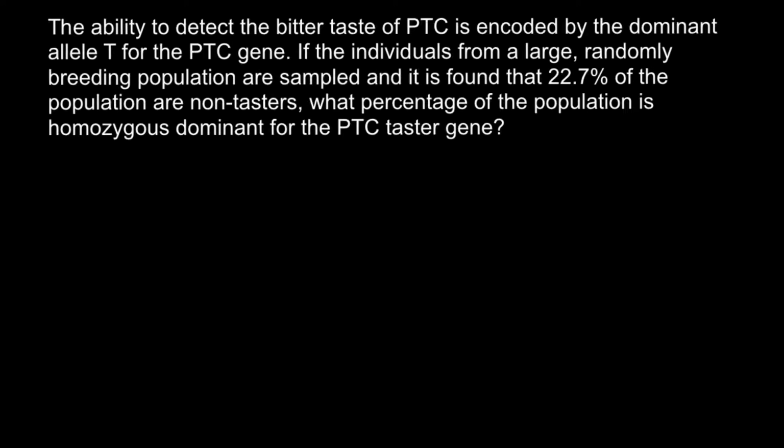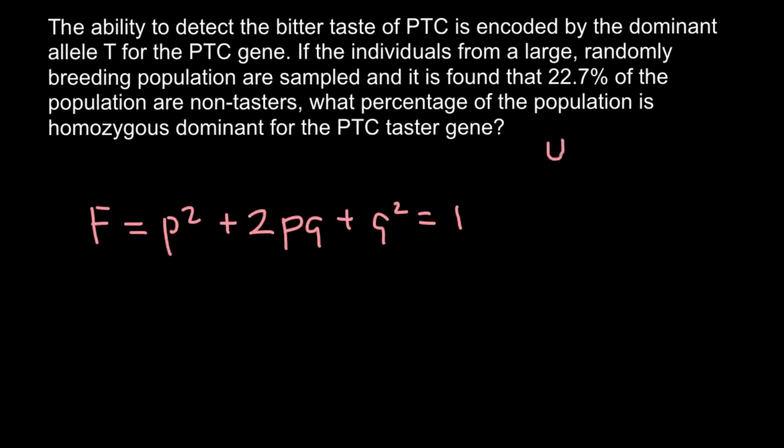So in this formula, the frequencies of the three genotypes that can be made by two alleles equal p squared plus 2pq plus q squared, and when we add all these three genotypes, their frequencies, we get 1. We do all our calculations on the scale between 0 and 1.